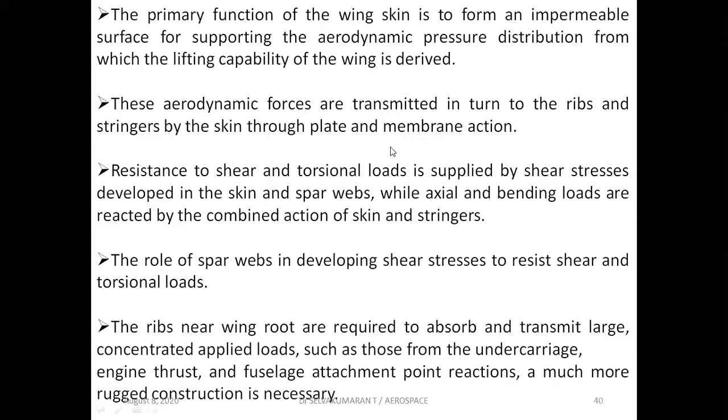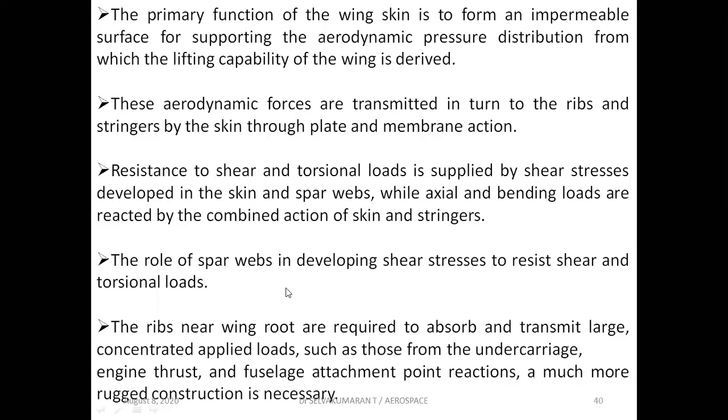Resistance to shear and torsional loads is supplied by the shear stresses developed in the skin and spar webs, while axial and bending loads are reacted by the combined action of skin and stringers. The role of spar webs is developing shear stresses to resist shear and torsional loads.